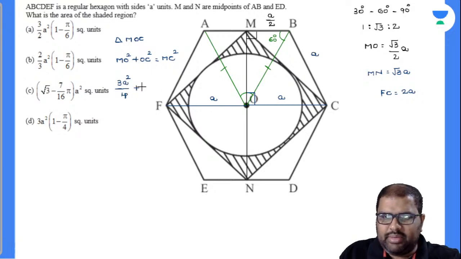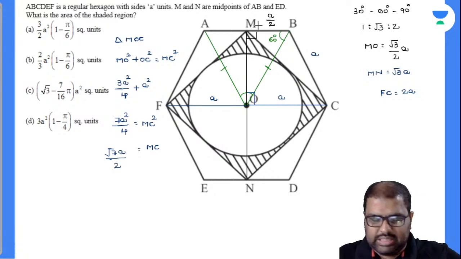OC value is nothing but A, so A square, which gives 7A square by 4. 7A square by 4 is nothing but equal to MC square. Now MC value will be how much here? MC value will be root 7 A by 2.